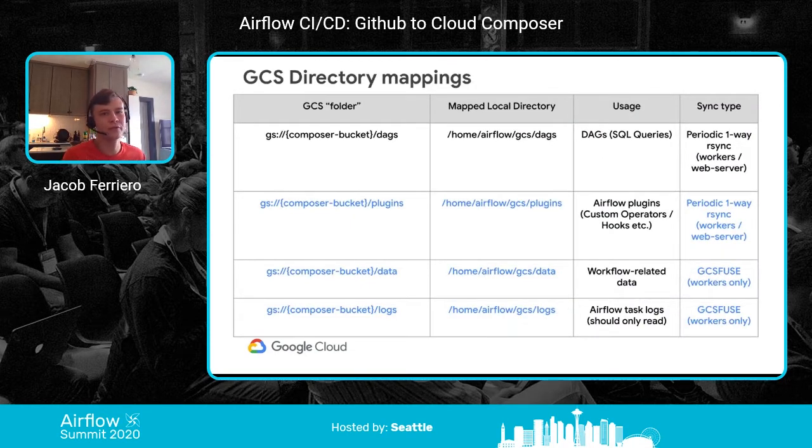One of the crucial things to understand the challenges of deploying to Composer is to understand this DAGs bucket. It has different directories that ultimately get synced with different parts of that Airflow architecture. So I'm going to end up flipping back and forth between these two slides. The first is the DAGs and plugins folders, and these will be periodically synced from GCS to the web server and the workers.